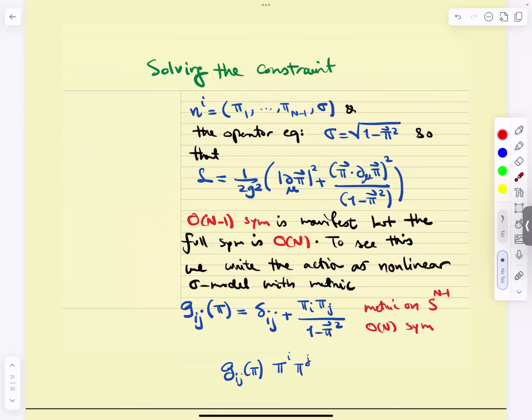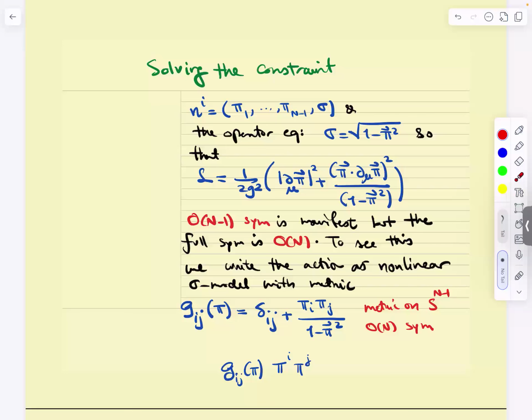All right, so let's solve the constraint and see it's a nonlinear sigma model. Pick n_i's to be pi_1 to pi_(N-1) and sigma. A way to impose a constraint is to say sigma is not a brand new field but the square root of 1 minus pi squared. All right, so now your initial Lagrangian could be written this way. Why? Let me do this for you on the board. So what is it?